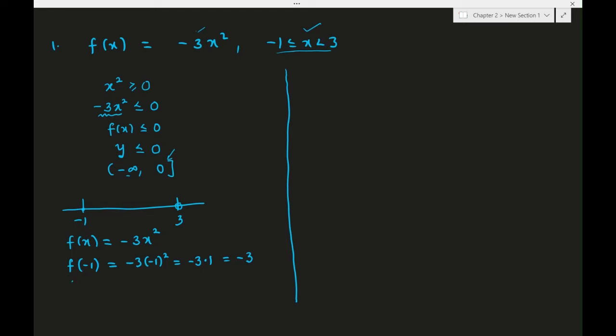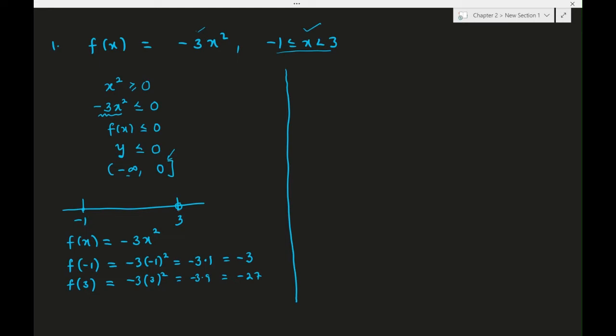We can also try f of 3. f of 3 will be minus 3 times 3 squared. So this is minus 3 times 9, which is minus 27. Don't forget, we are looking for the smallest number.